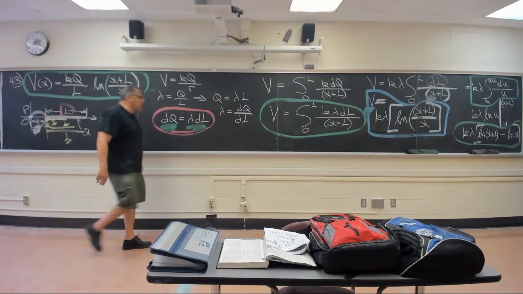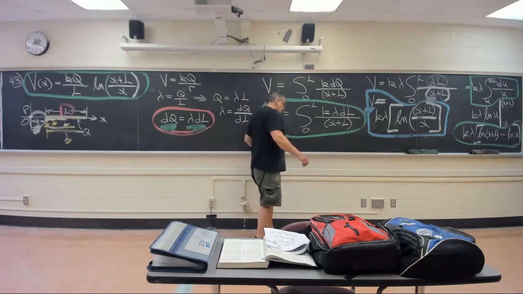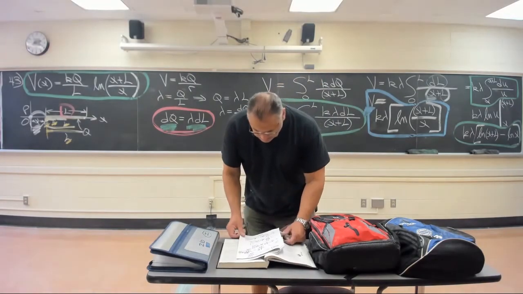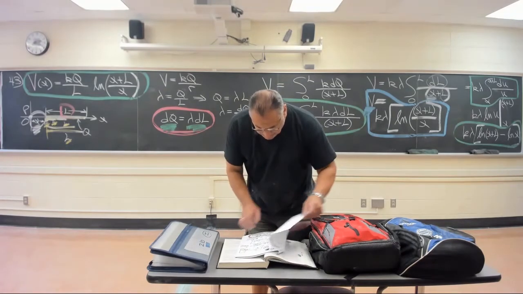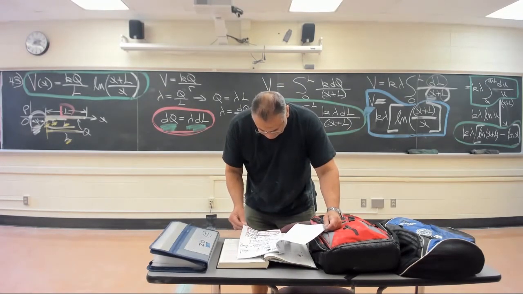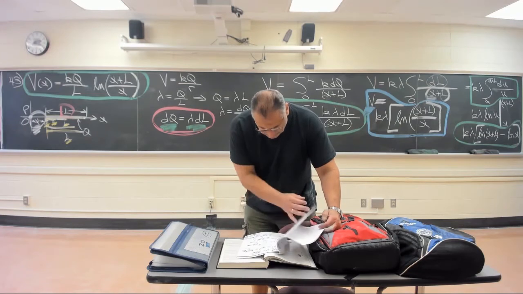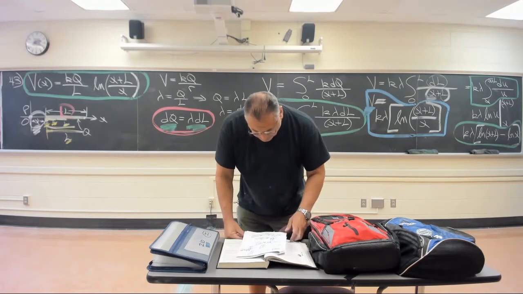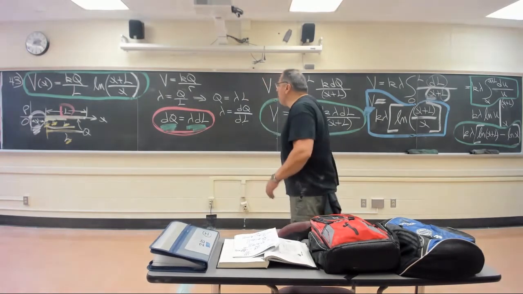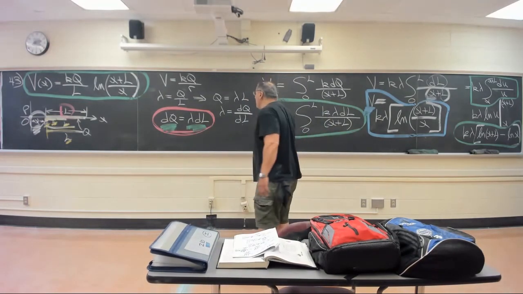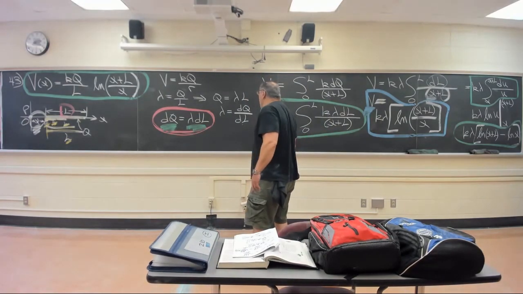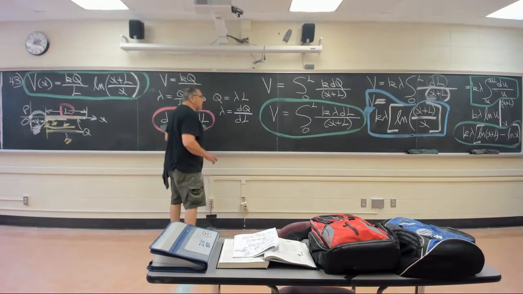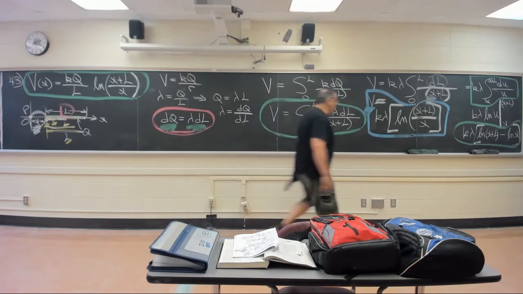Let's leave some of this up here. Don't want to erase too much of this. Yeah, I think we're fine. We can discuss this a little bit. There's a lot you can keep, a lot you can take away, I guess. Let me leave some of this up here, and some of this is going to go.